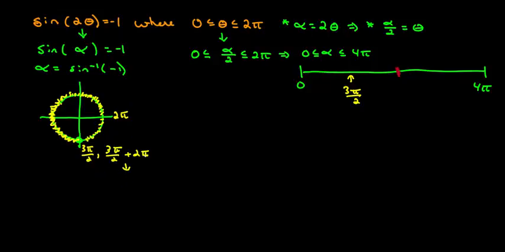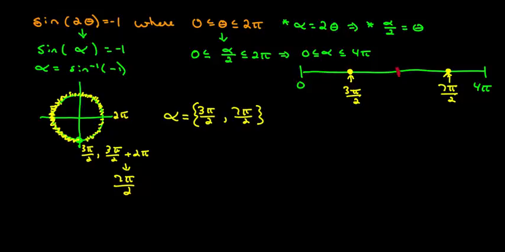So this is 4 pi over 2 plus 3 pi over 2, which is 7 pi over 2. So here's 7 pi over 2 as well. I've got two angles between 0 and 4 pi for alpha. So alpha would be equal to 3 pi over 2 and 7 pi over 2.